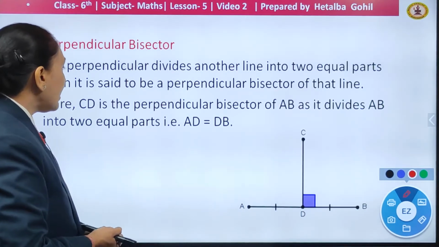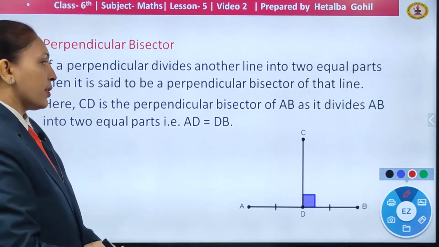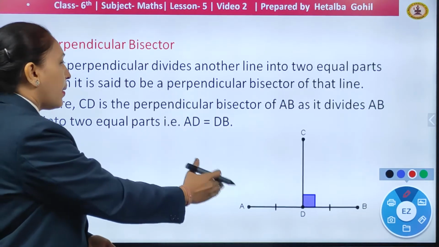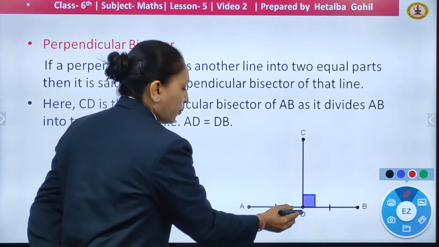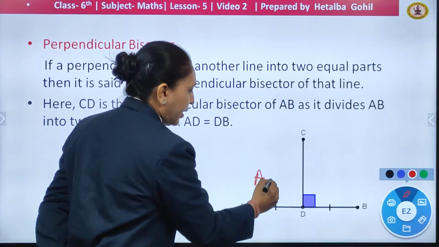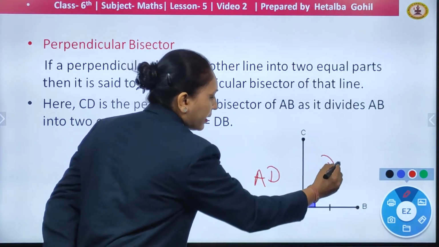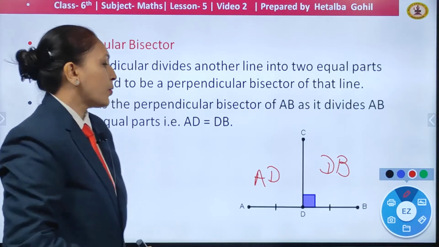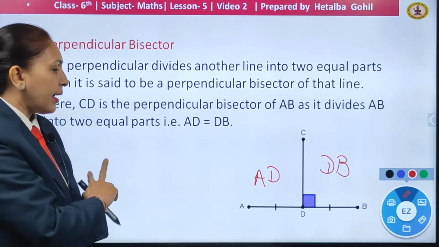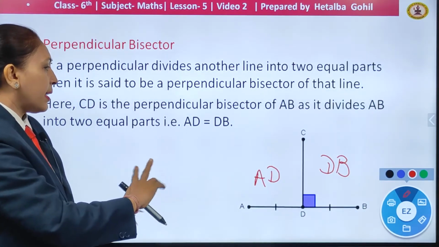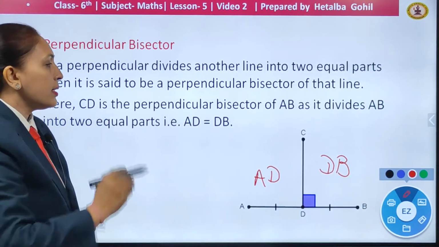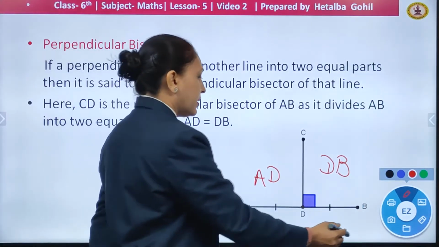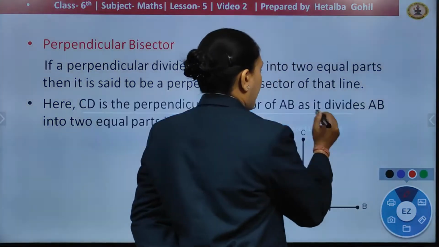Here CD is the perpendicular bisector of AB as it divides AB into two equal parts. Which are the two equal parts here? On this side you have AD and on this side you have DB. So you can see CD is dividing line segment AB into two parts, AD and DB, equally. So we can call CD the perpendicular bisector of AB.